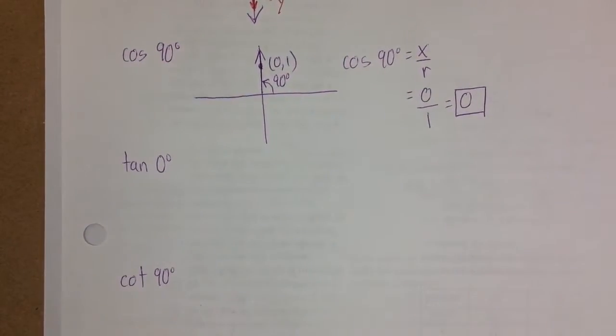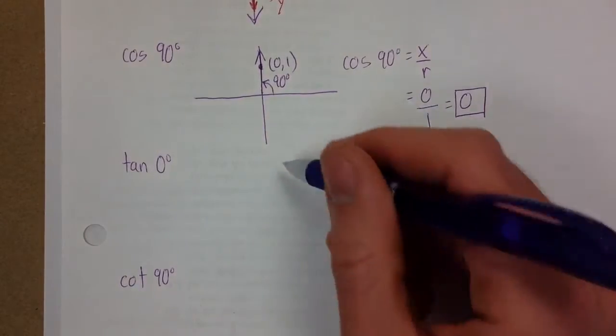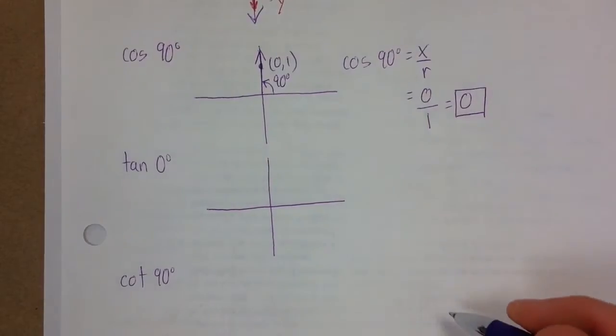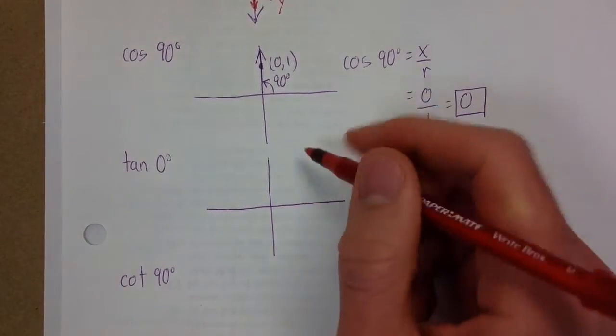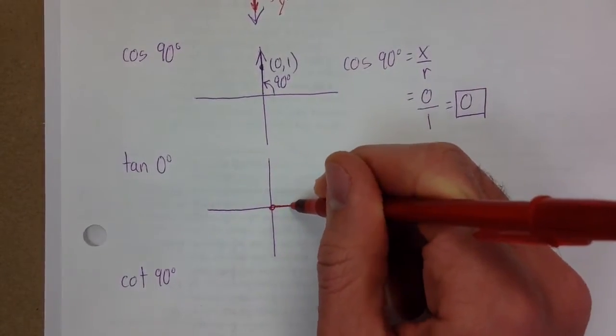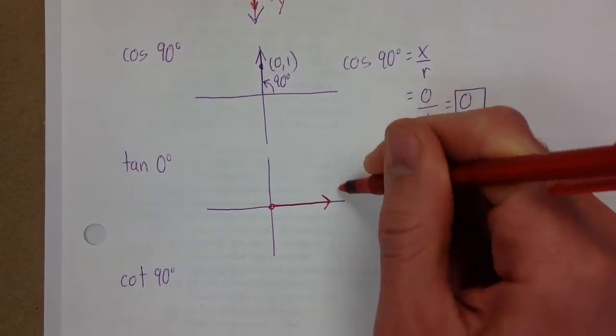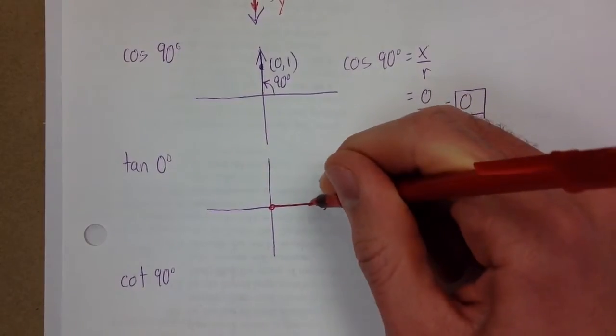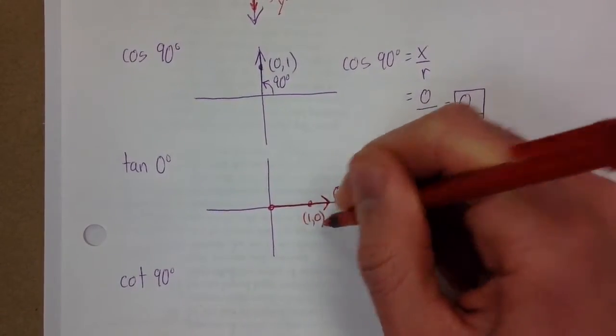Good. Scott, tan of 0. How does one find that? Plot it in standard position. It stays on the positive x-axis. Good. And the point 1, 0 works.